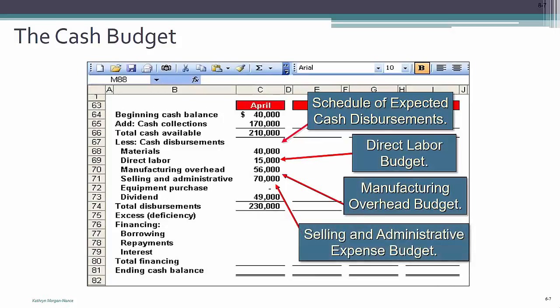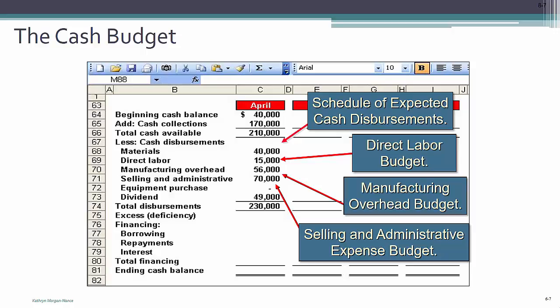The second step is to calculate the total cash disbursements. During April, we expect to pay $40,000 for raw materials, $15,000 for direct labor, $56,000 for cash manufacturing overhead, and $70,000 for cash selling and administrative expense. These last two amounts are not the total manufacturing overheads or the total S&A expenses because we have excluded non-cash depreciation costs.